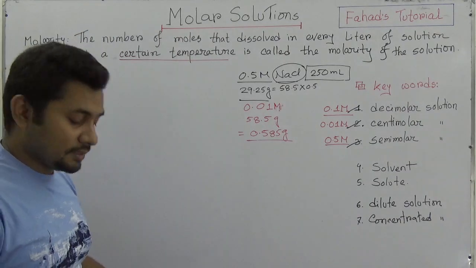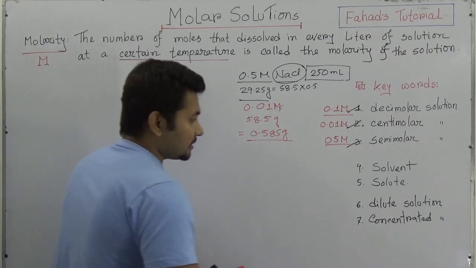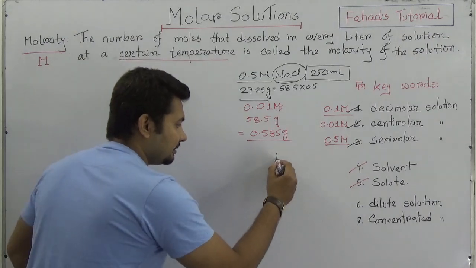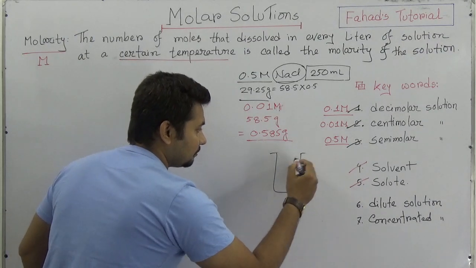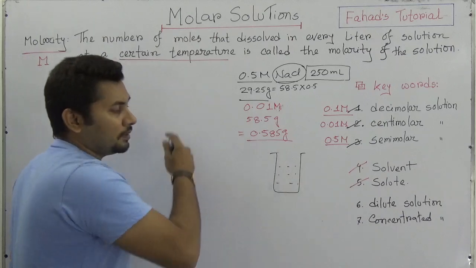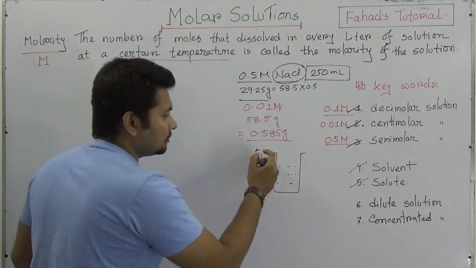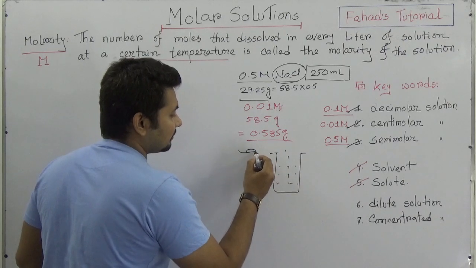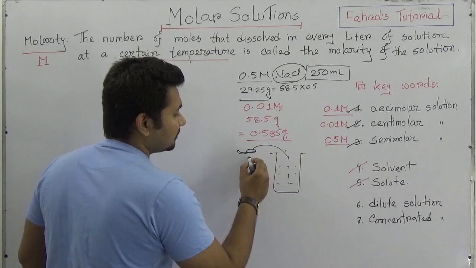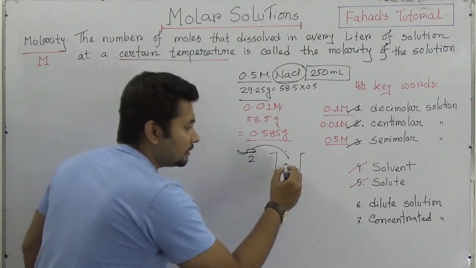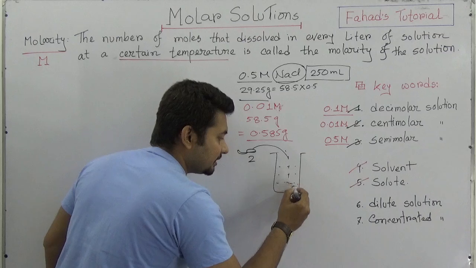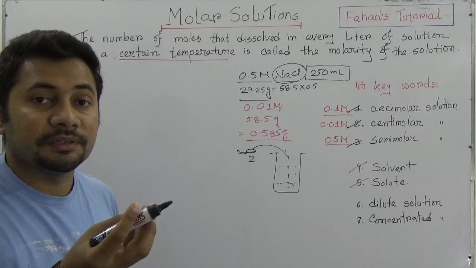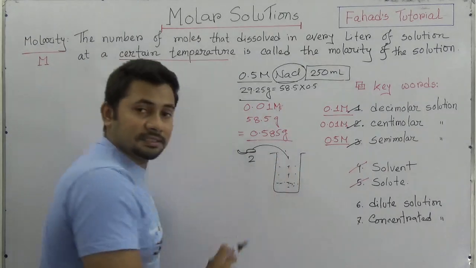Right now, one thing we need to understand, another 2 keywords, which are solvent and solute. As we have been saying previously, suppose this is water and we have two spoons of sodium chloride here. So 2 tablespoons of sodium chloride is mixed there. Then what's going on? When sodium chloride is mixed and I shake, after that we can't see with our naked eyes that sodium chloride is present because it mixed.